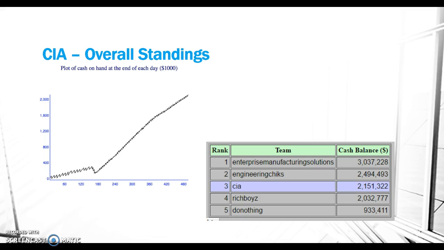The trajectory of our graph was very good, and we believe that if we had started around day 50, we probably could have been in first place or very close to the top. As you can see on the right-hand side, we slowed down towards the end, around day 350, when we sold machine 1, which in hindsight we find was a mistake. We lost some of that revenue but did not lose our place, so we finished 3rd in the overall standings.